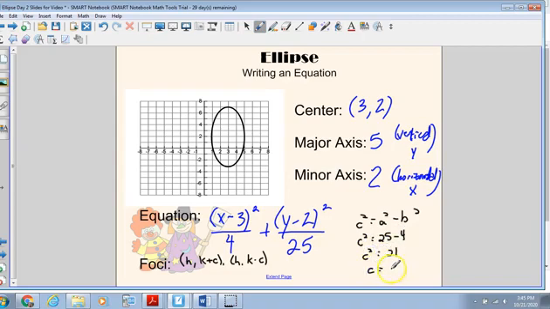So c is the square root of 21. So our coordinates for our foci here will be (3, 2 plus the square root of 21), that's moving up, and (3, 2 minus the square root of 21), that's when we move down from our center value.